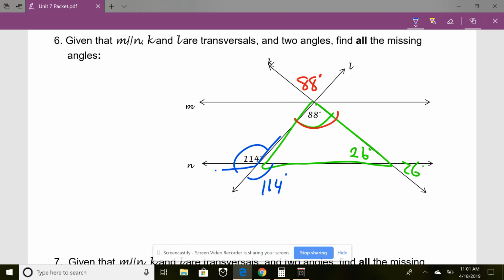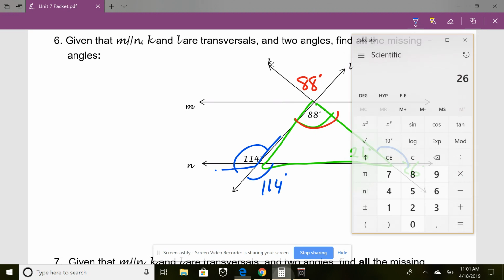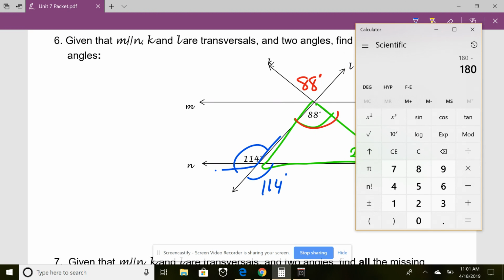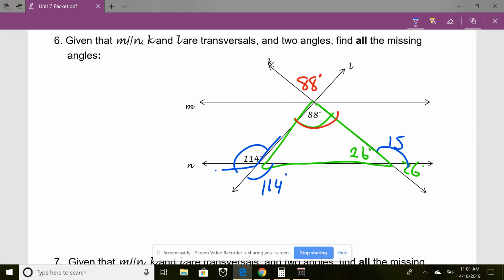This one, we'll start on the bottom right. This one right here, we know it's on a straight line. So we do 180 minus 26, which is 154 degrees. Vertical angle of that is right here, 154 degrees. With the left side, we're going to do the same thing.